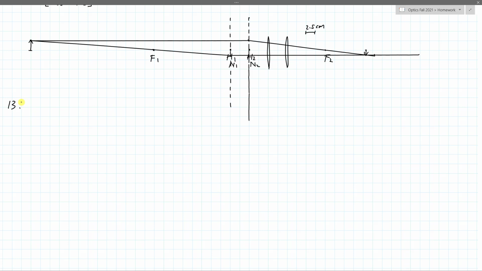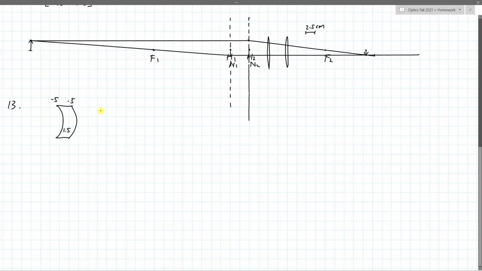Give me a second. Okay, negative. So that's what they're going for. And we have the index of refraction equal to 1.5. And the radius of curvature is 5 centimeters. Okay, they're both negatives.